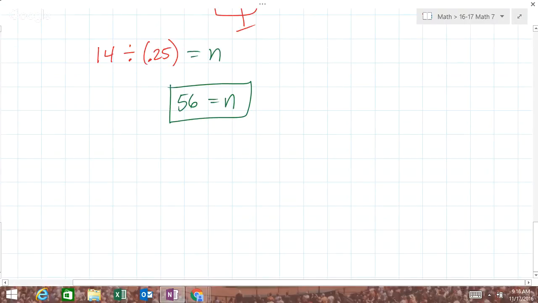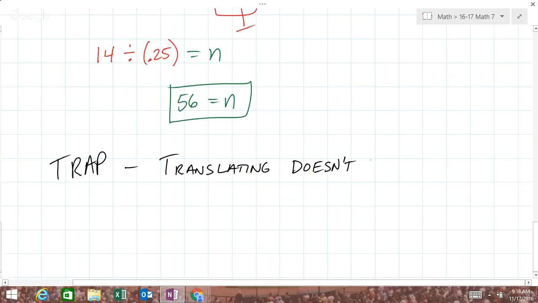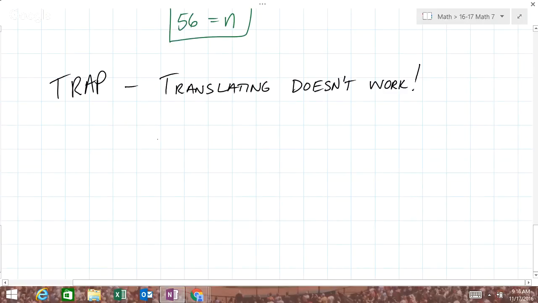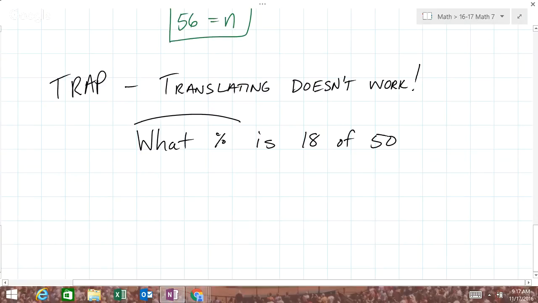Here's the trap. Here's where it does not work. What percent is 18 of 50? Here's the trap. Do we know the percentage? If we were to literally translate this, no. So it'd be n.